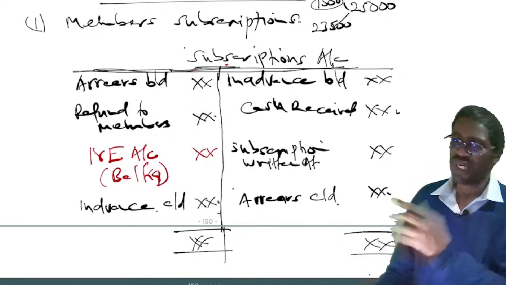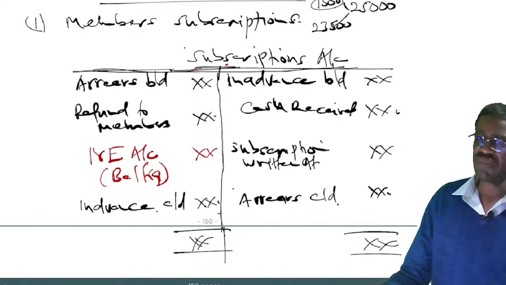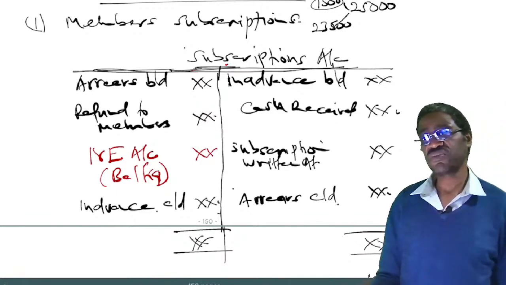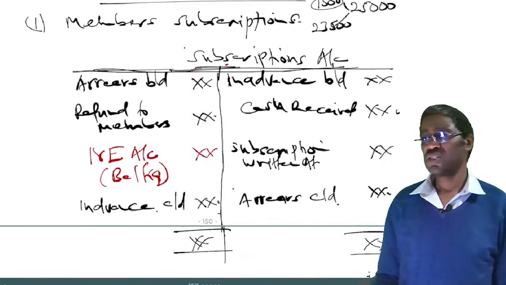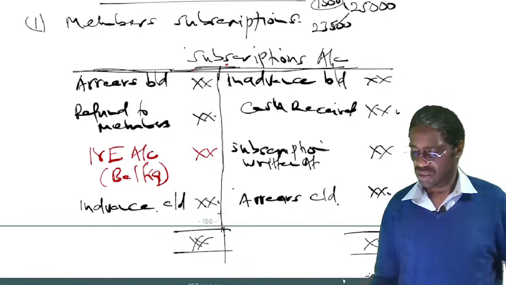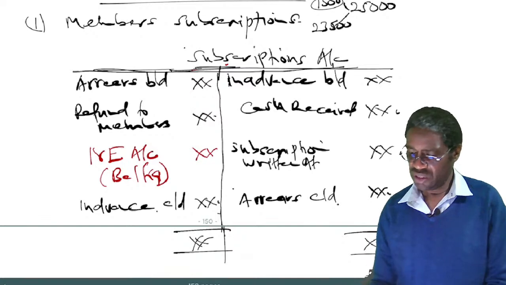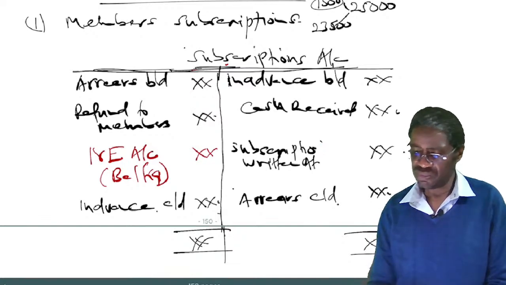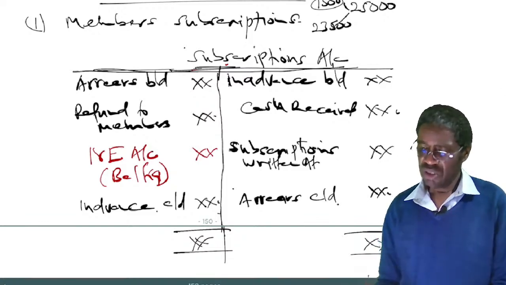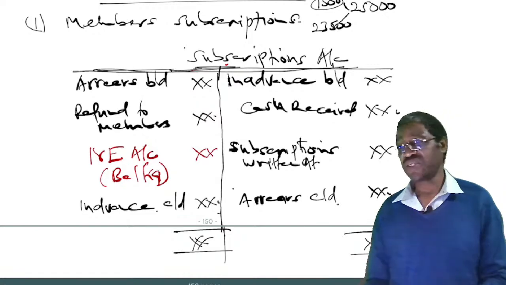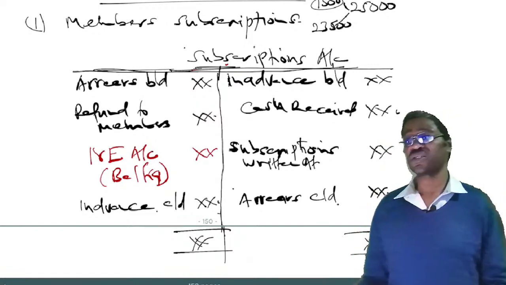Then on the credit side, I am reading them: in advance brought down, then you have cash received, subscriptions written off. Whatever it is, some questions will call it bad debts.